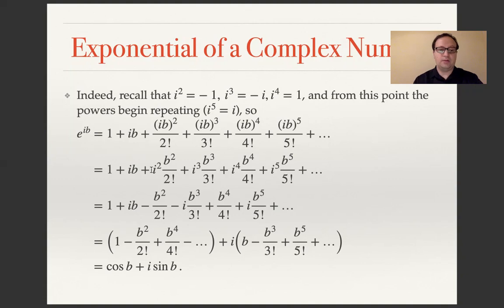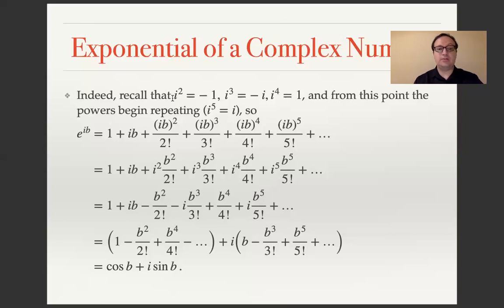So we have 1 plus ib plus i squared b squared over 2 factorial plus i cubed b cubed over 3 factorial plus i to the 4th b to the 4th over 4 factorial, etc.